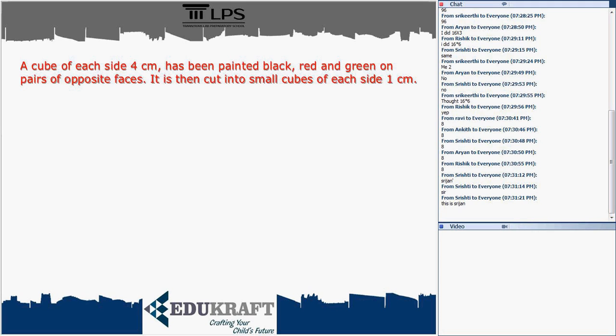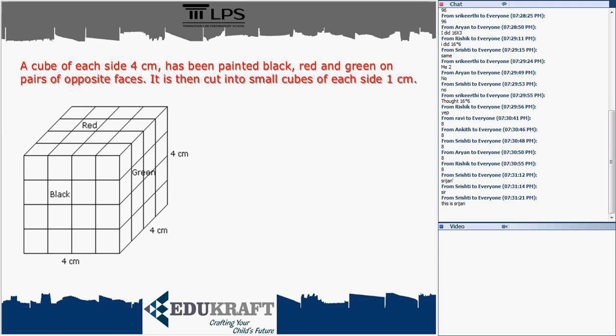Once again the question is the same, so I'll run the slide quickly. How many cubes have 2 faces painted?